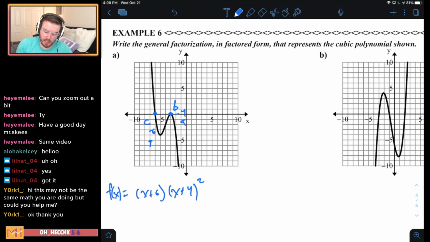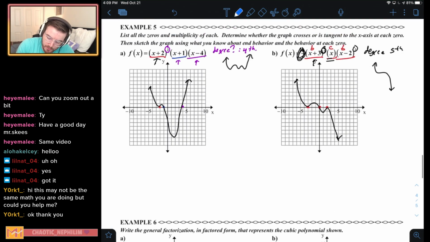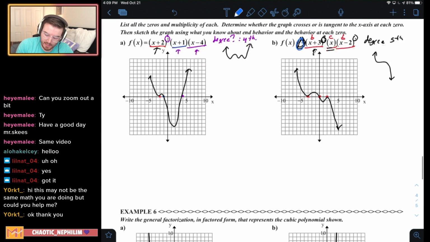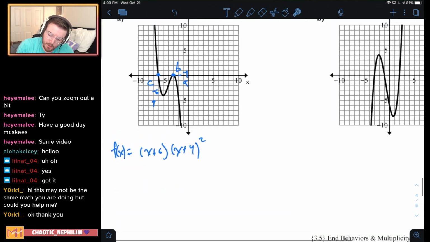The only question is, do we need to account for a negative or anything like that? Well, this thing is working its way down. This is a negative function, so let's slap a negative. So I identified the zeros, wrote the factors. Crossing means odd, bouncing means even.